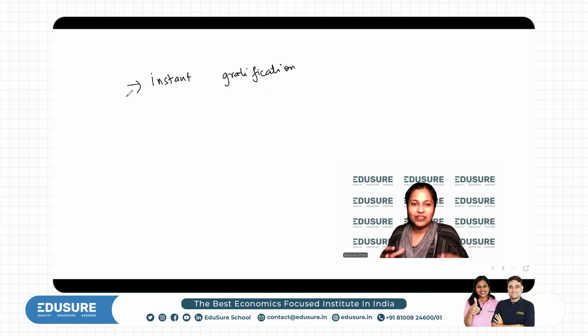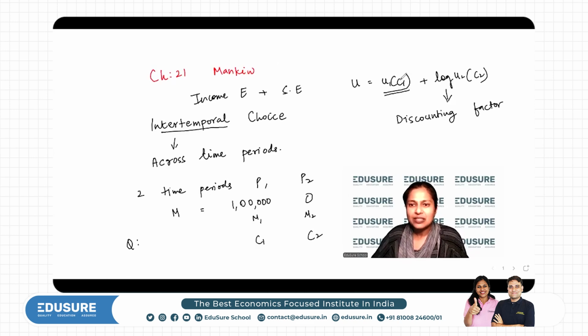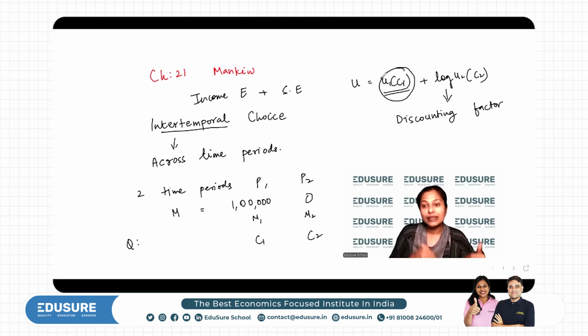So instant gratification holds a lot of value. If there is a certain utility derived from consuming today, there is value to consuming tomorrow also. You want food tomorrow also, but the value of getting food today is higher than getting food tomorrow. If the value of getting food today is, let's say, 100, the value of getting food tomorrow is, let's say, 75.